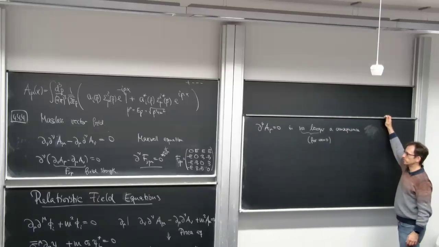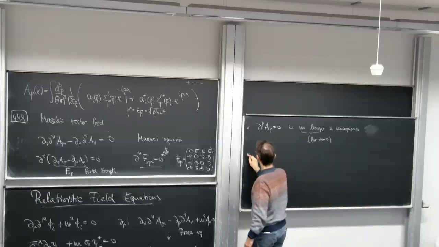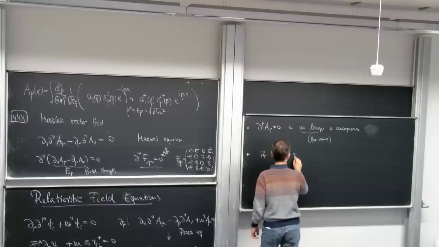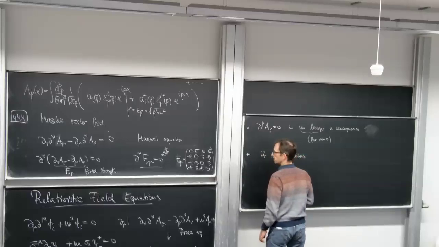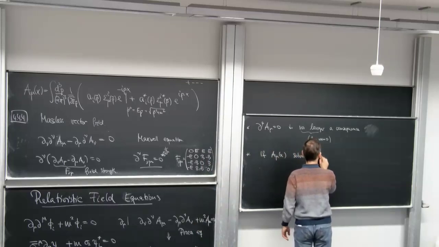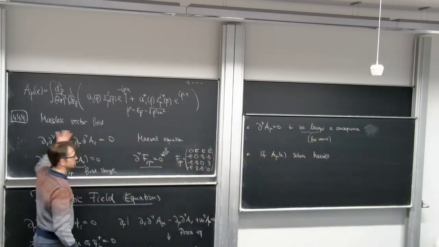It was for n not equal 0. And the second observation is, if A mu of x solves Maxwell, instead of writing equation number 50,000, this is the equation I'm talking about.